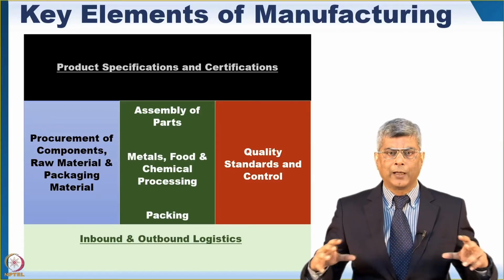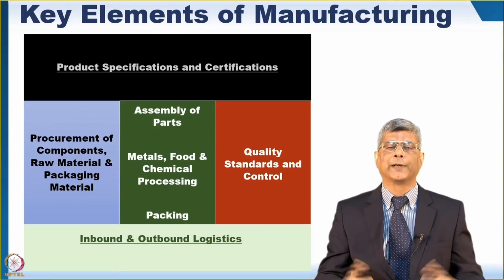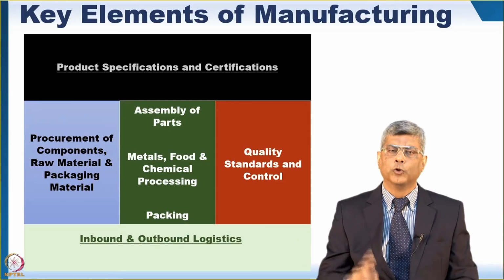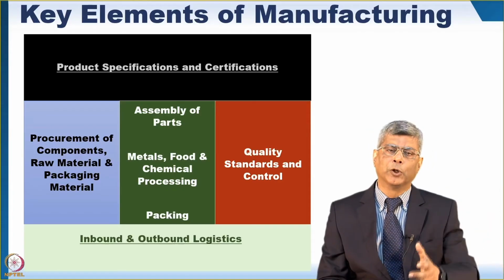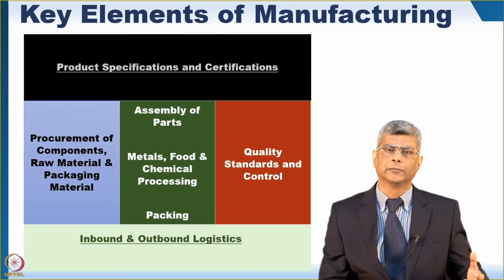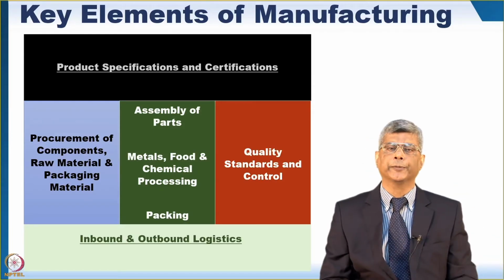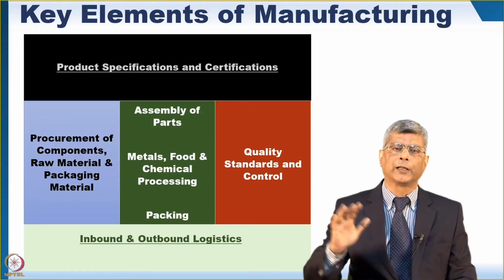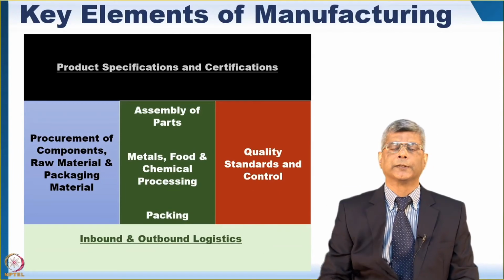And then the last part of the manufacturing, all the things that happen in a manufacturing plant, would be logistics. Because you have to bring in all the components and commodities and the chemicals and the iron ores or the coal, to bring it all into a factory. And once you produce the final product, you have to take it out of the factory and give it to where the customers are.